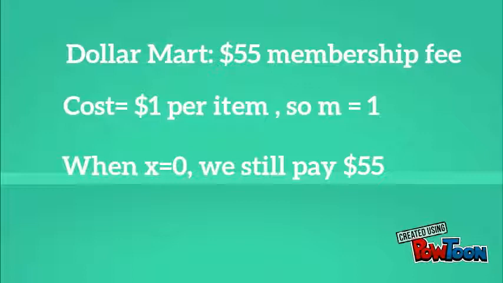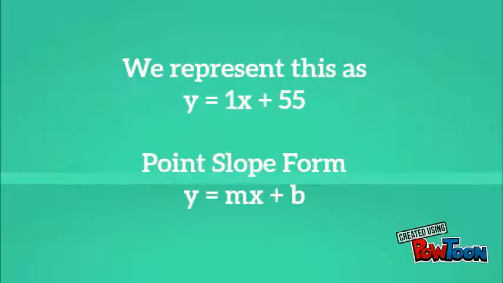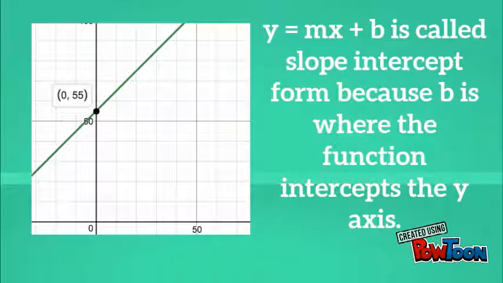However, if we don't buy any items, we are still paying $55. We represent this as y = 1x + 55. This is a derivation from our point-slope form y = mx + b. y = mx + b is our slope-intercept form because b is where the function intercepts the y-axis.